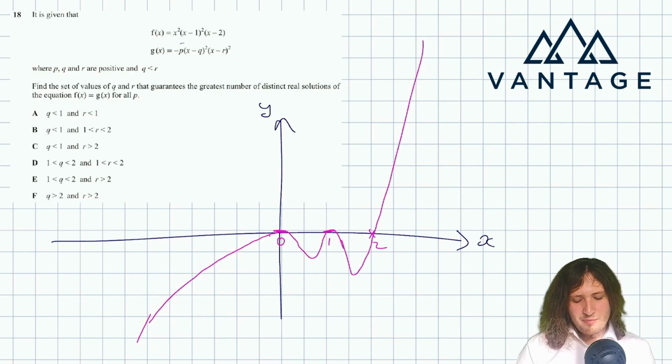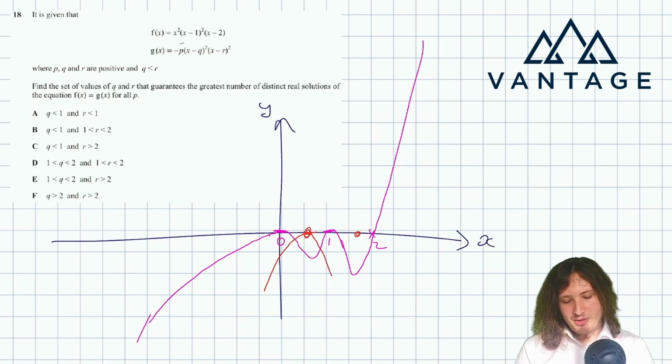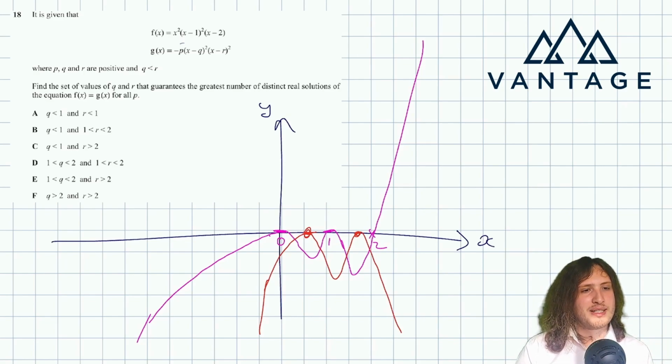I mean, isn't it kind of obvious that if I want to cut as many times as possible, I definitely want one of my touching points to be there so that I've got to kind of burst through that thing. But then it would be good if my other one were in here, because that's going to force me to kind of burst through again. So it seems pretty clear just from a sketch that in order to force the maximal number of intersections, that's how it's going to go.